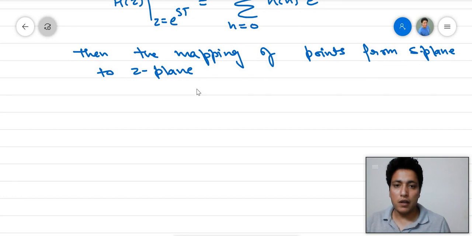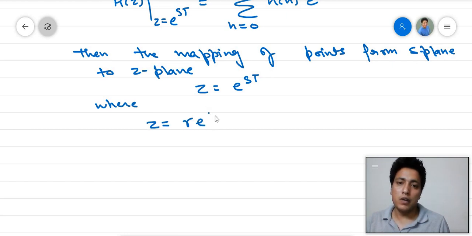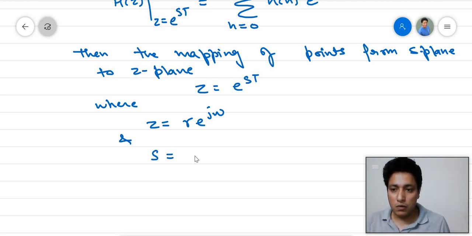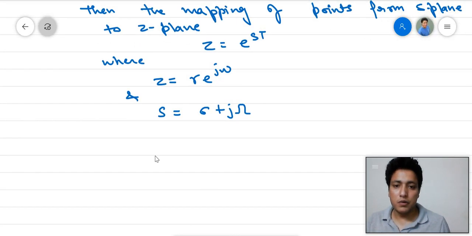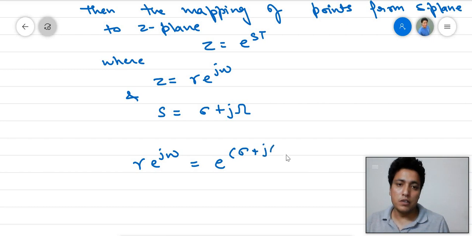can be done by z is equal to e to the power st, where we know z is equal to r into e to the power j omega and s is equal to sigma plus j omega. Substituting, we will get r into e to the power j omega equals to exponential sigma plus j omega t.